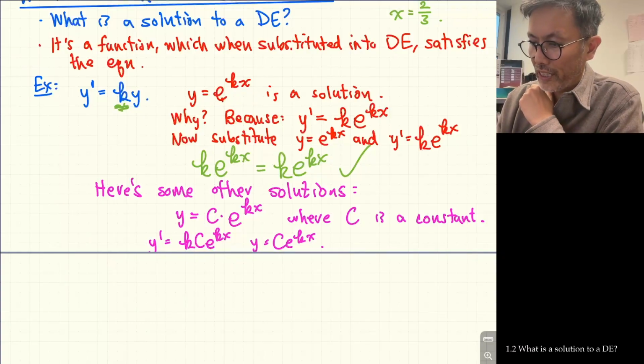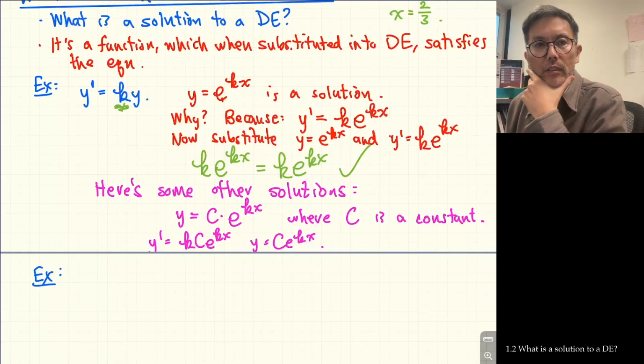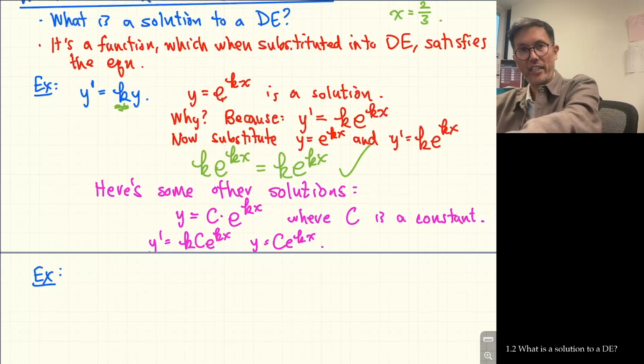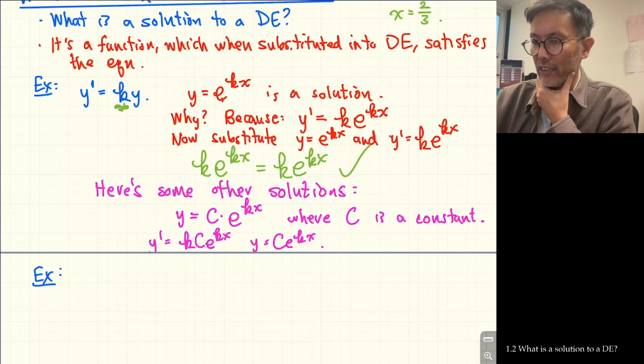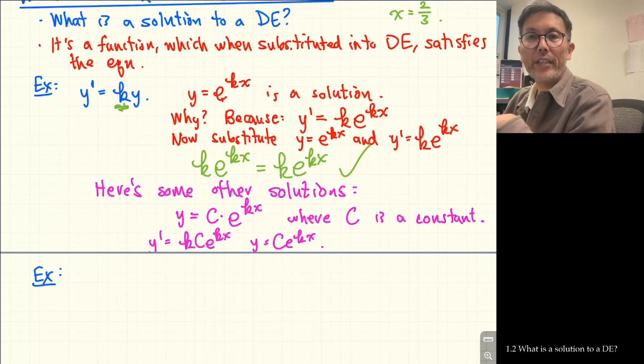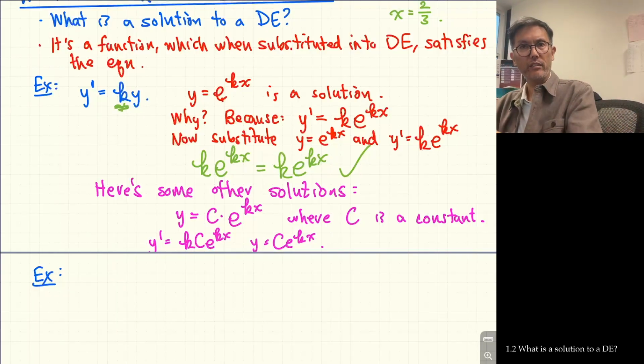Okay, another example. Let's make this very, very concrete, shall we? By the way, this example here, y prime equals ky, is a very, very important example, one that's going to come up a lot. So it would be good for you to learn this.